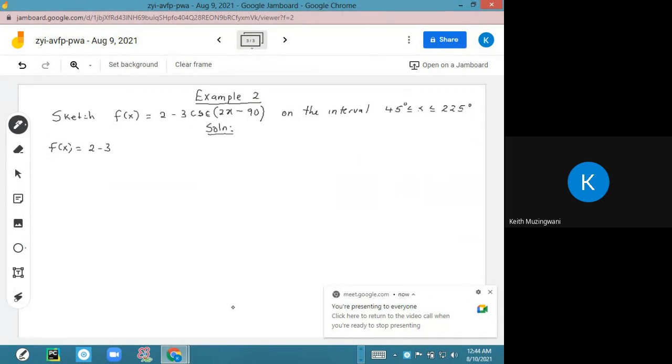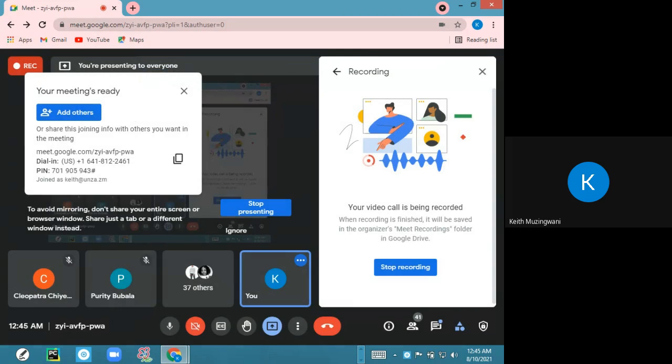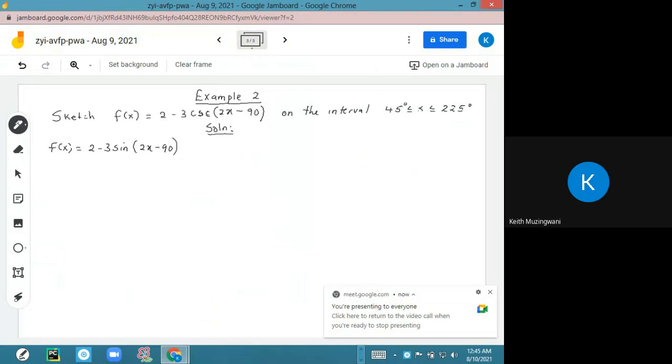You write this function using sine and then sketch the sine graph. Meaning you'll be doing two questions in one.